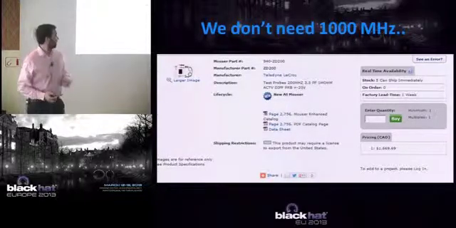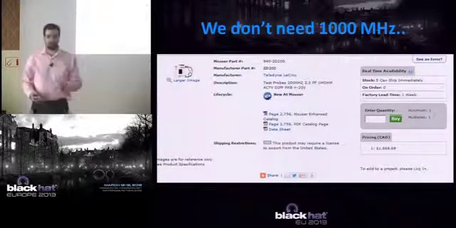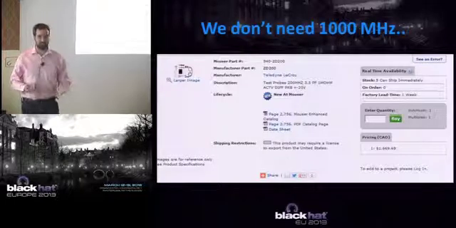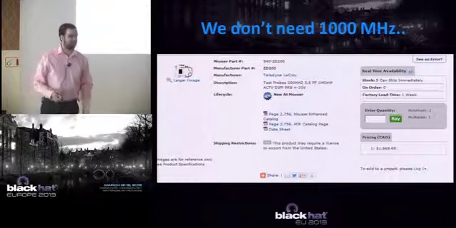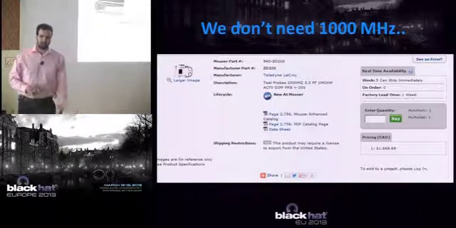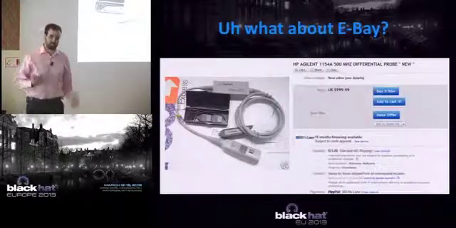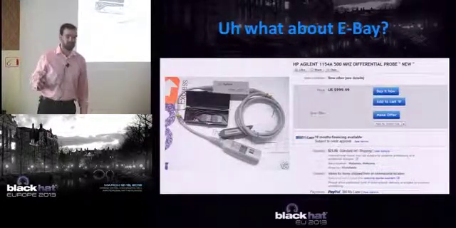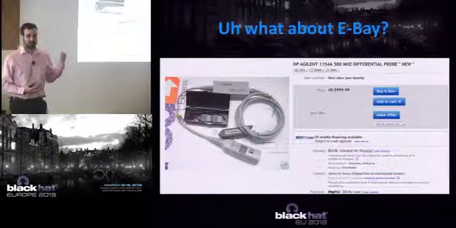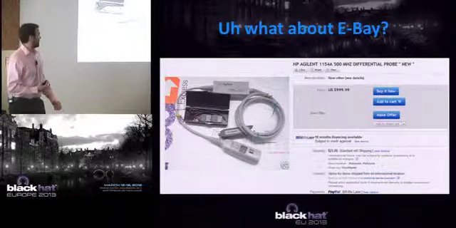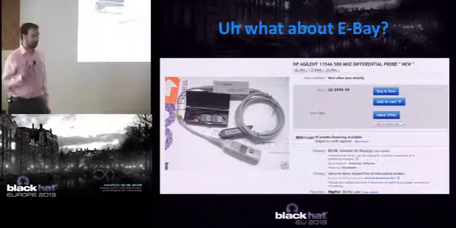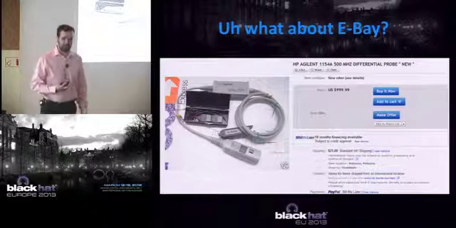So you can get a 200 megahertz version of it that's only $1,700. These are Canadian, so €1,000, something around there. It's still not that cheap. What about eBay used? Here's a used probe, and it's still $1,000 US. Again, this is not cheap.